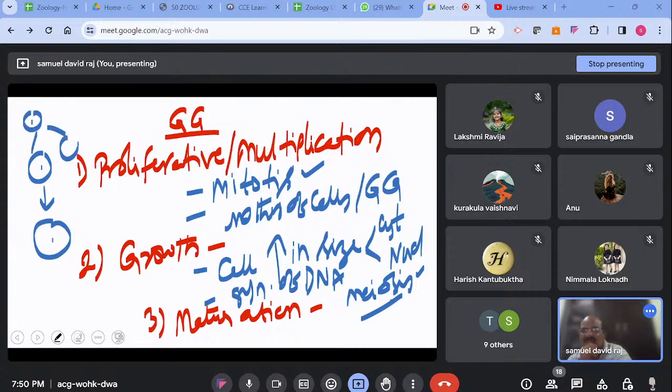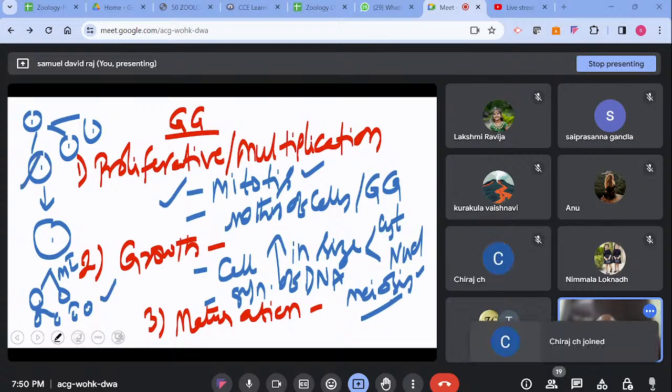They divide mitotically to form a number of mother cells during the proliferation phase, and each cell increases in size during the growth phase, and this undergoes meiosis 1 to produce two cells, which undergo meiosis 2 again to produce four small sized cells. Thus, from each mother cell, we can get four cells.